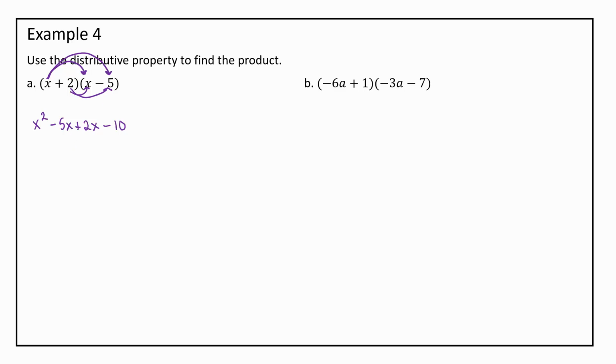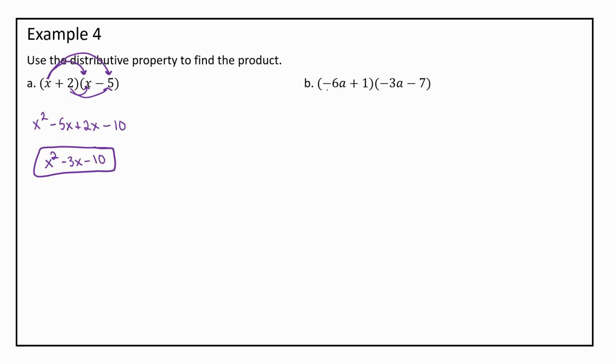And so I drew arrows differently. I didn't have to think about first, outer, inner, last, although I mentioned it so you could see the connection. And we can still come up with the answer. The middle terms are still most likely to be like terms. And here's my answer. So again, try this on B if you haven't already to see if you got the hang of it.